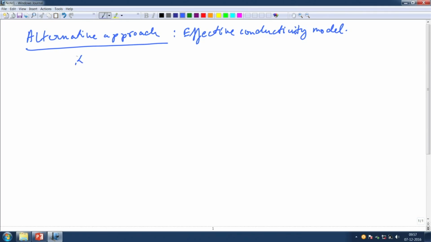So, your K effective will actually be some factor chi times the liquid conductivity. This factor is greater than or equal to 1. What does convection essentially mean?